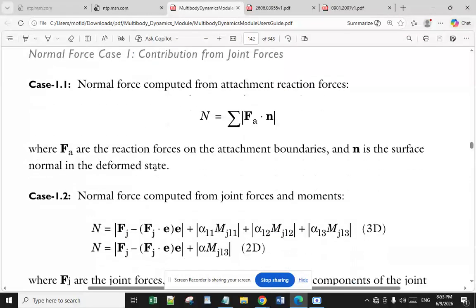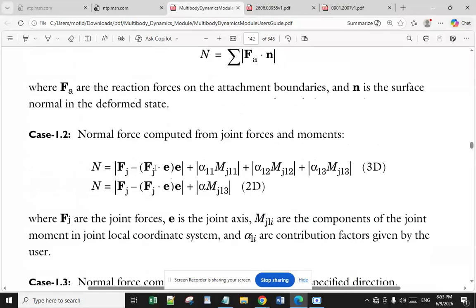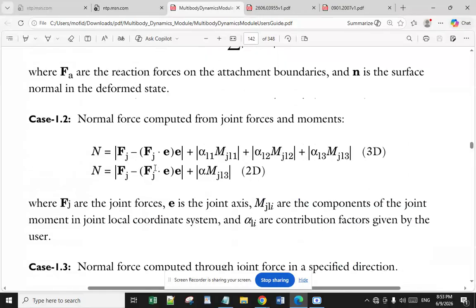For example, we have N = Σ|FR| multiplied by n, where FR is the reaction force on the attachment boundaries and n is the surface normal in the deformed state. Case 1.2, normal force computed from joint forces and moments.